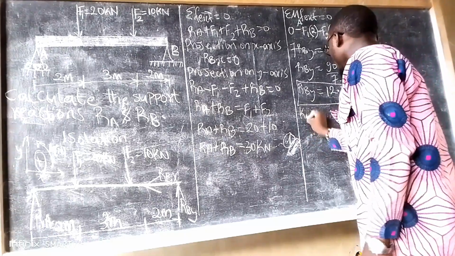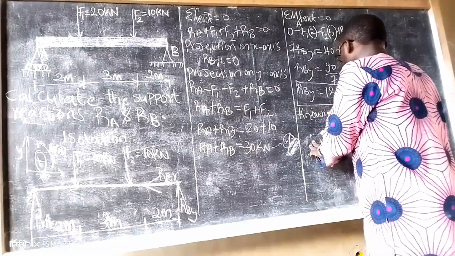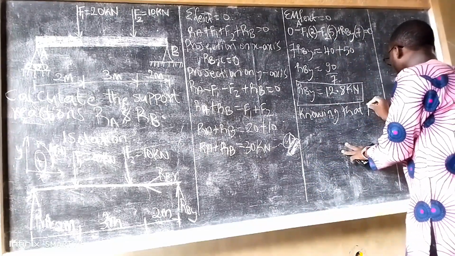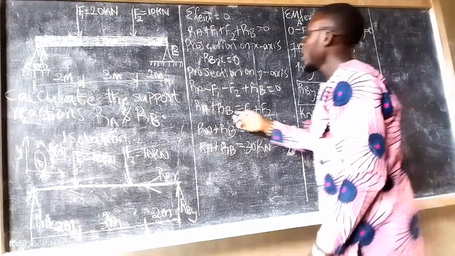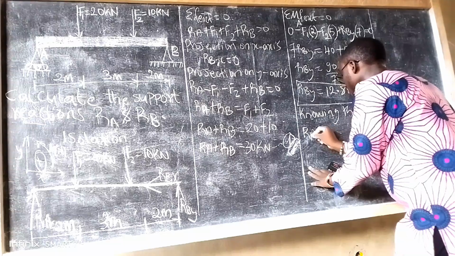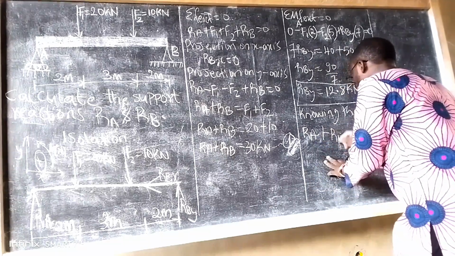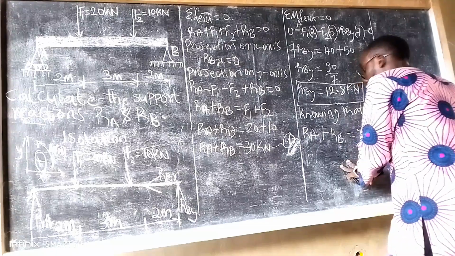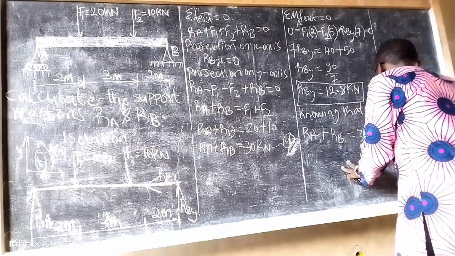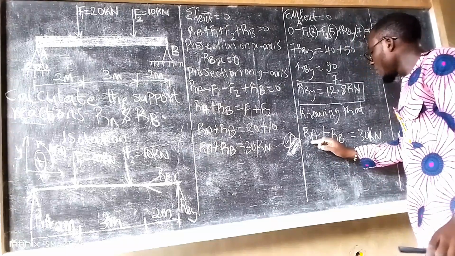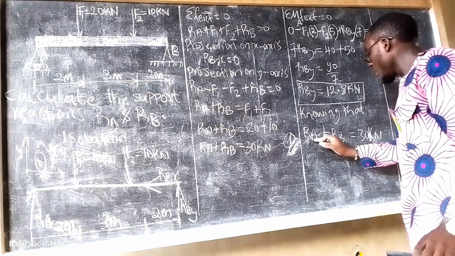Now, we bring in our equation 1. Knowing that RA plus RB is equal to 30 kilonewton, we want to look now for RA.